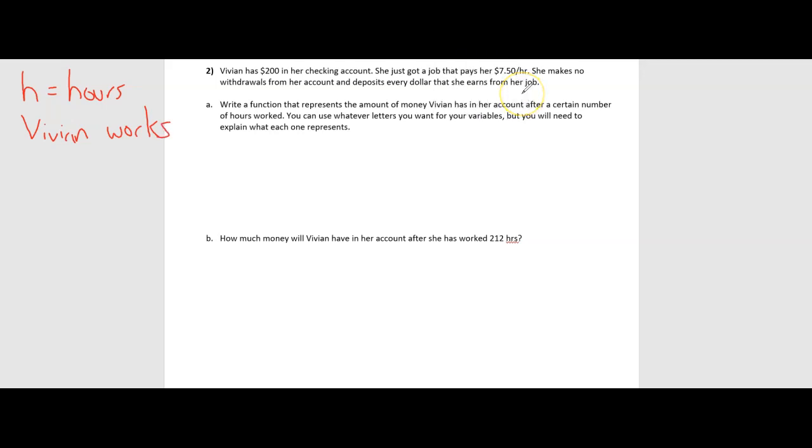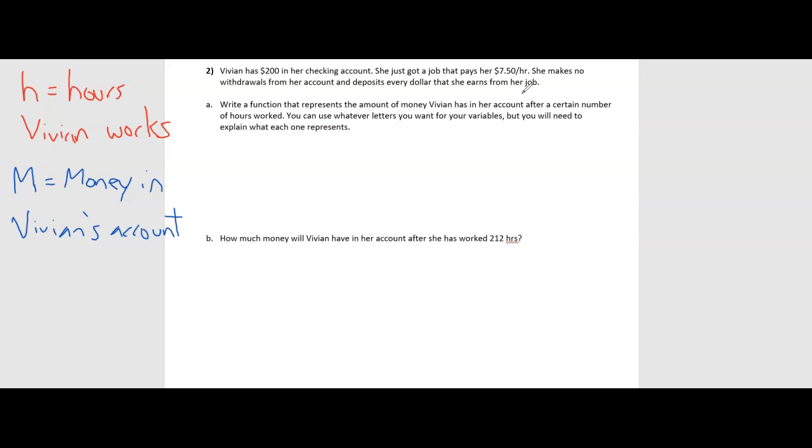The other quantity that's changing is the amount of money in her account. So let's say m is equal to money in Vivian's account. That's going to go up for every extra hour that she works.